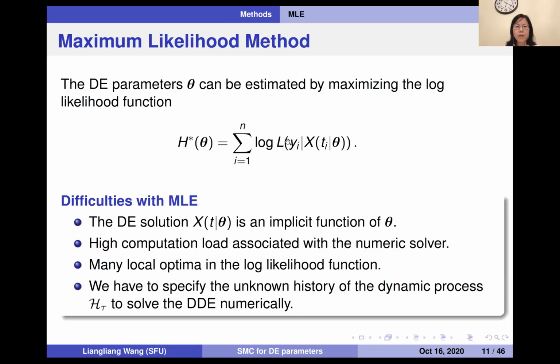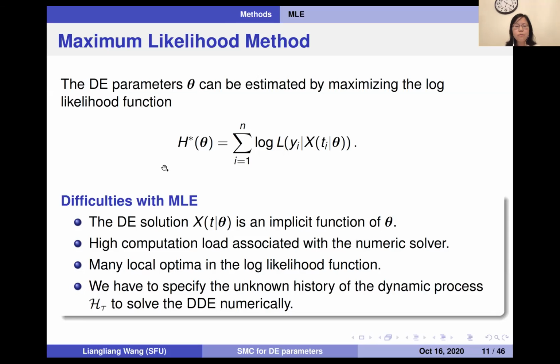So here we have this log likelihood function, and if we have n observations, we just need to write down this log likelihood function and maximize it with respect to all the parameters. In this part of the slide, I'm simplifying the notation: theta denotes all the parameters in the problem.